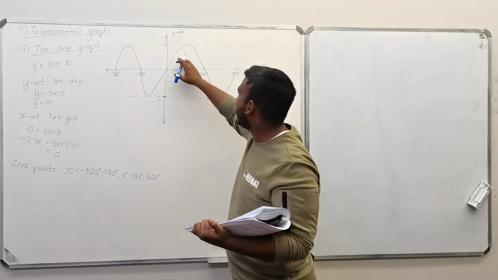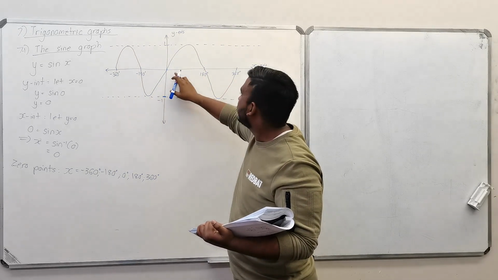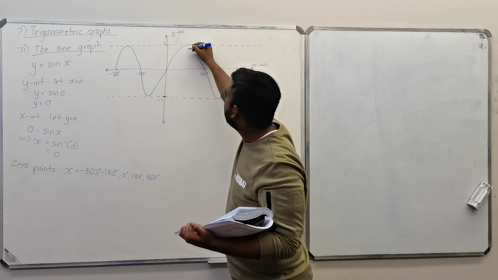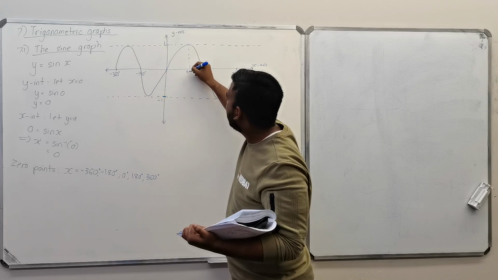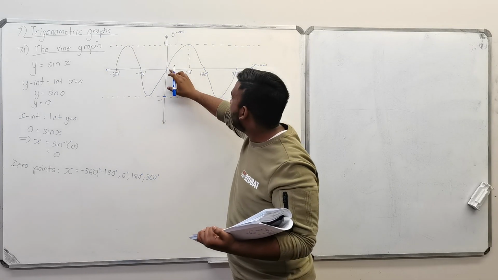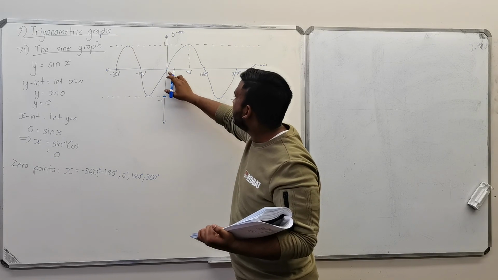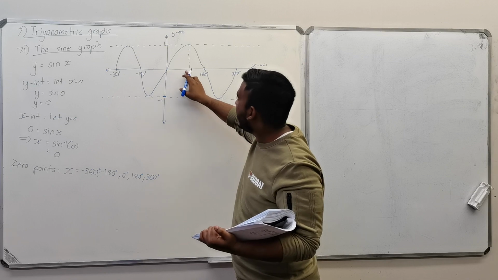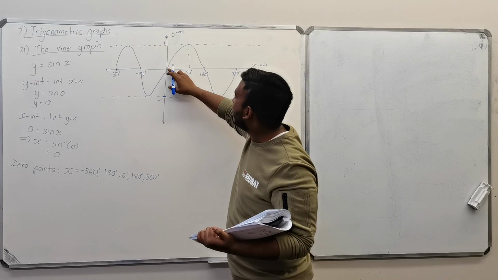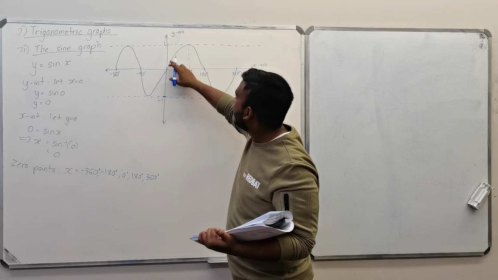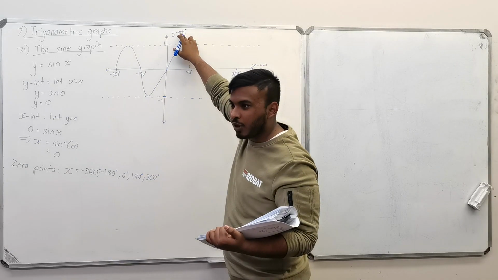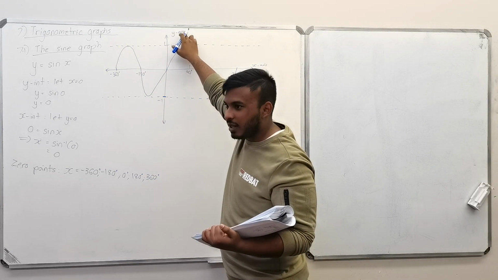From 0, this here is supposed to be 90 degrees, so if you put any value for sine of any of these degrees between 1 and 89, you're going to get a value that's 0 point something, less than 1.